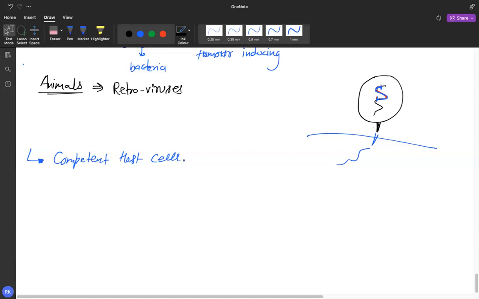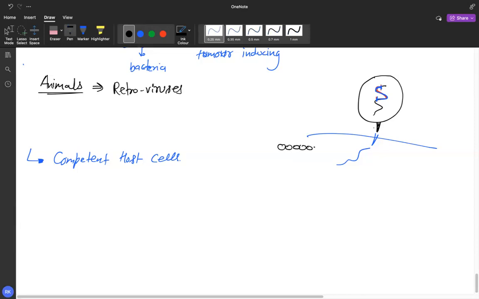a hydrophilic molecule. DNA is soluble in water, right? And what is the cell membrane made up of? Phospholipid. Lipid molecules, and lipids have a hydrophobic moiety towards inside, right? So if you see a cell membrane arrangement, chemically, it's like this.